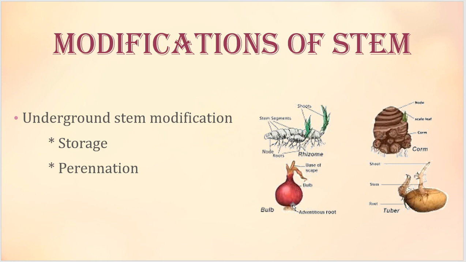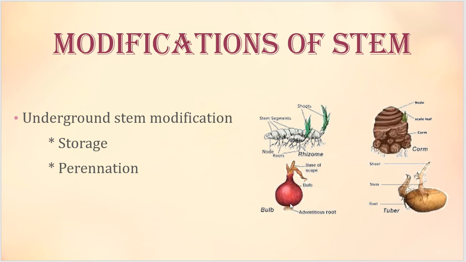A very small, condensed and reduced form of stem is present inside the bulb. As it is highly reduced, we can never see the nodes and internodes in between.